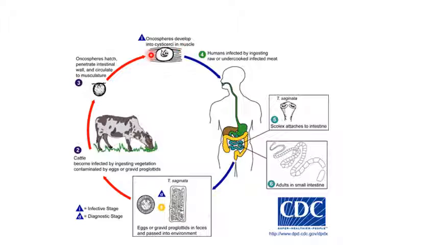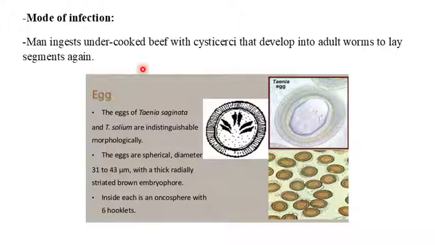Oncospheres develop into cysticerci in muscles. Humans are infected by ingestion of raw or undercooked meat of the infected cattle. Mode of infection: man ingests undercooked beef with cysticerci that develop into adult worms to lay segments.